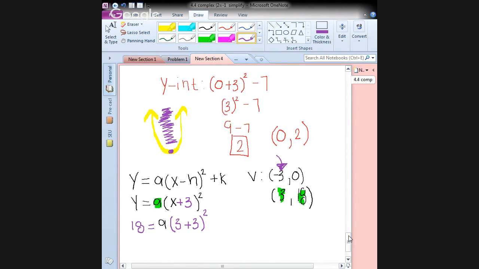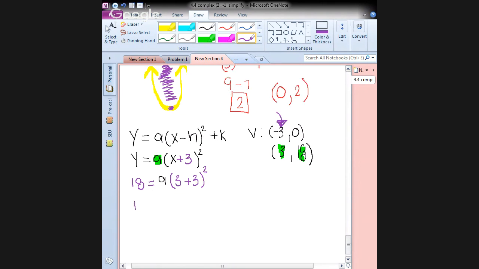We're trying to solve for a. So I would get 18 is equal to a times, 3 plus 3 is 9, squared. So 18 is equal to a times 81, since 9 squared is 81. I'm almost done with solving for a.